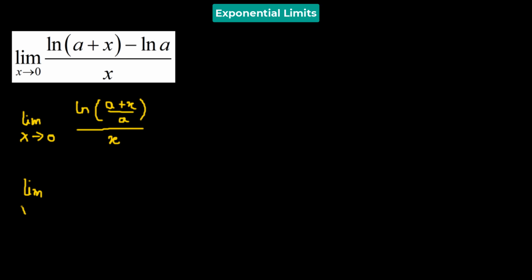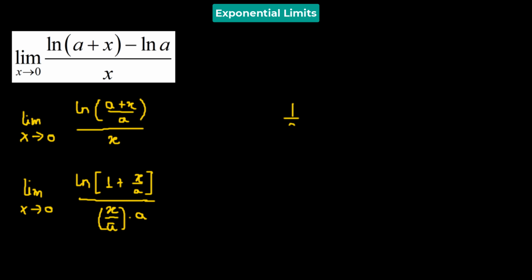And we have limit x approaching 0, natural log of a over a, which is going to be 1, plus x over a, divided by x. So what we'll do, we'll consider the denominator x, and we're going to divide by a and then multiply the denominator with a.